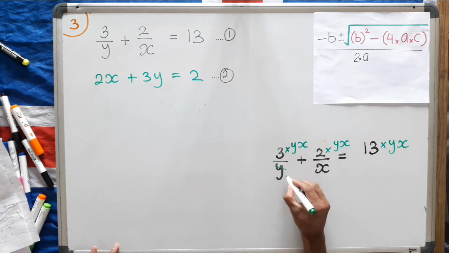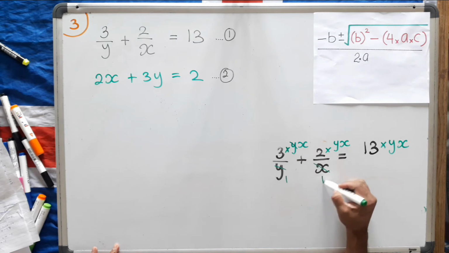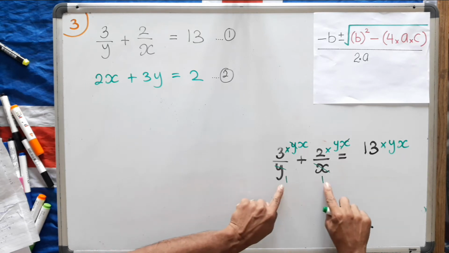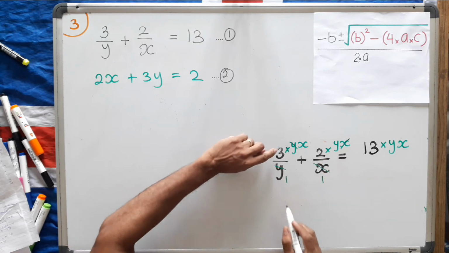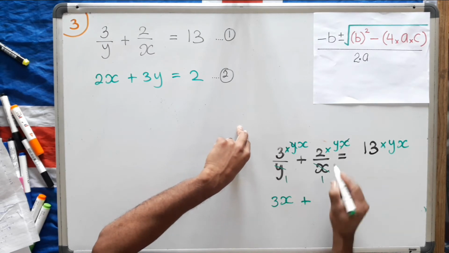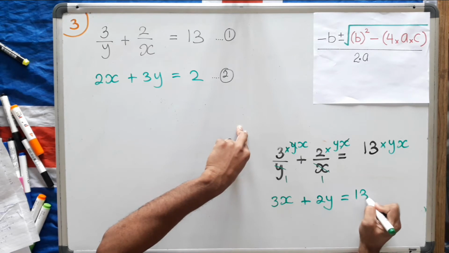So the y will cancel out with this y, this x will cancel out with this x, and this is y multiplied by x. So on top we get 3, and we are left with x plus 2 multiplied by y, which is 2y, and we have 13yx.